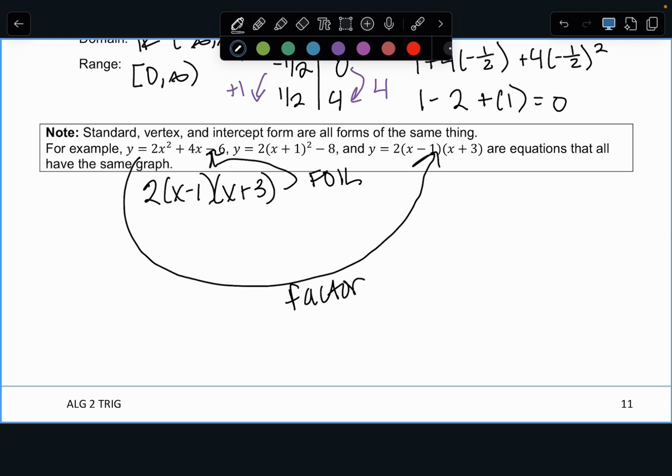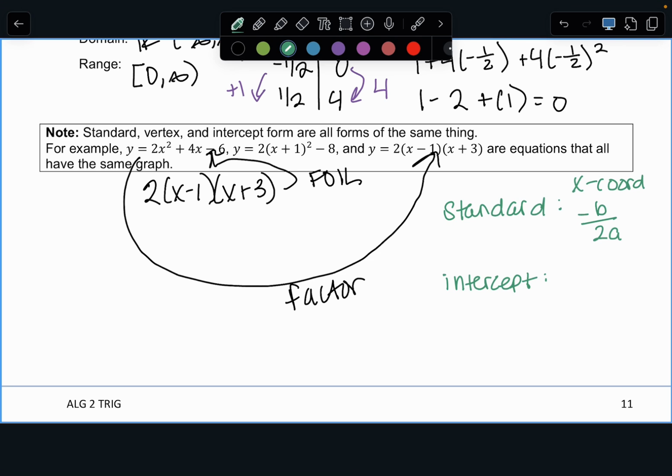Really quick, the 3 things you need to memorize without looking at that poster. If I'm in standard form, how do I find the x-coordinate of my vertex? Something over something. Negative b over 2a. Okay, you need to memorize that. If I'm in intercept form, how do I find the x-coordinate of my vertex?